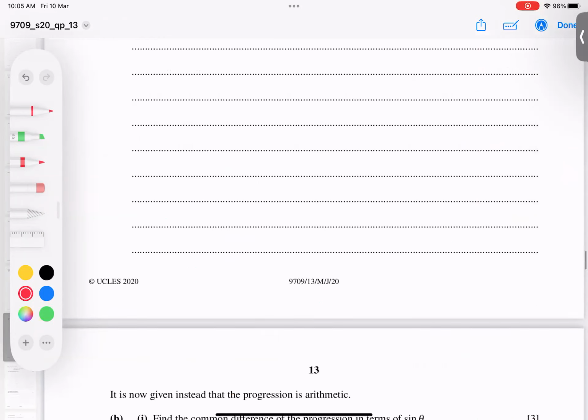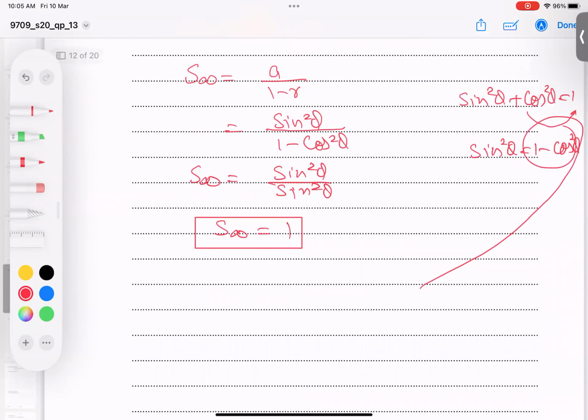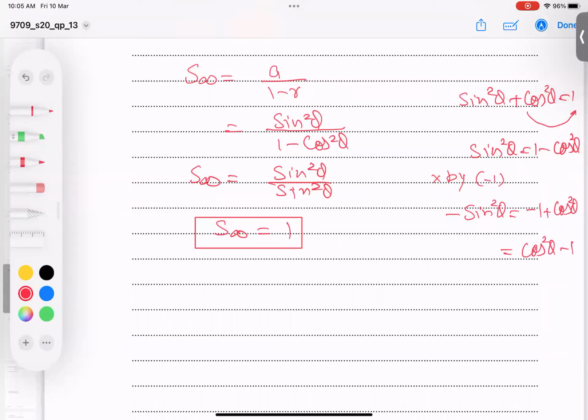But look at this formula, we just know it is 1 minus cos square, not cos square minus 1. But if I multiply this whole equation by minus 1, what happens? Left hand side, I get negative sine square theta. This minus this one becomes negative, and this minus becomes positive. In short, cos square theta minus 1 equals minus sine square theta.